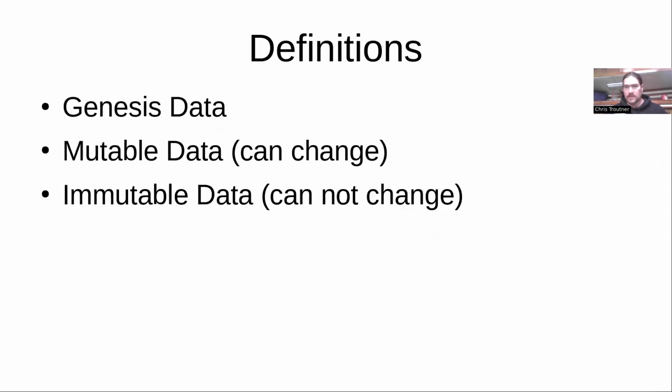So let's talk about a couple definitions first. There's three types of data associated with these SLP tokens. There's Genesis data. This is the data that's actually written to the blockchain. It's just a small amount of data, but this is what creates the token. And then mutable means that the data can change over time, or can change at all. Immutable means the data cannot change. And so we're going to add both types of data to the token. They're both valuable in their own regard.